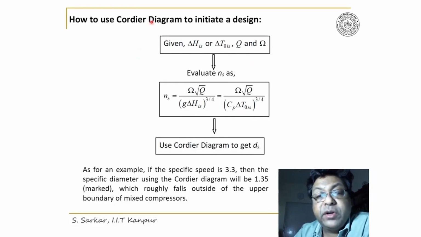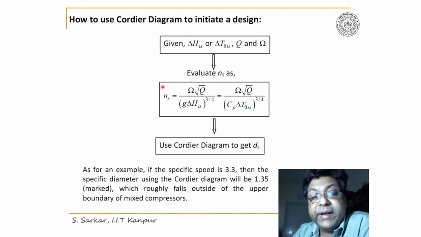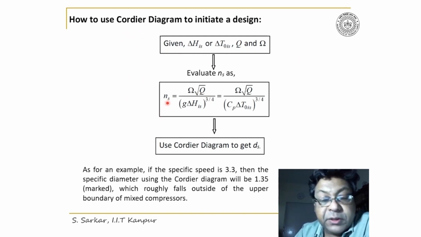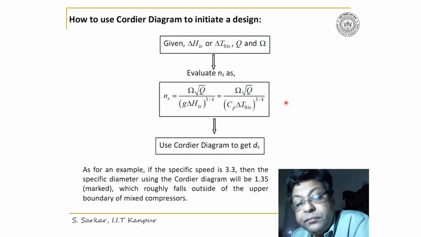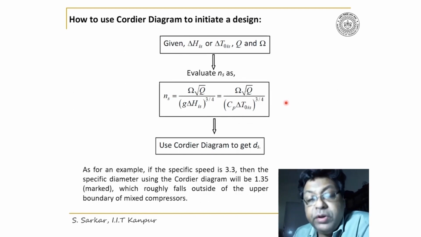Now from this set of information, he can assess specific speed, that is non-dimensional specific speed, which for a compressible flow is omega root over Q divided by Cp into delta T0,is to the power 3/4. And now using the Cordier diagram, from Ns one can evaluate Ds.